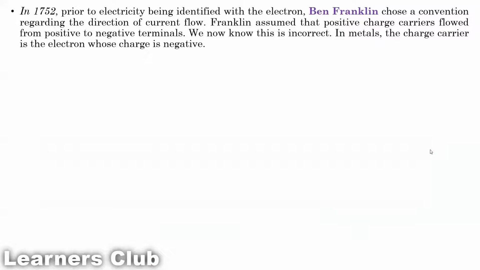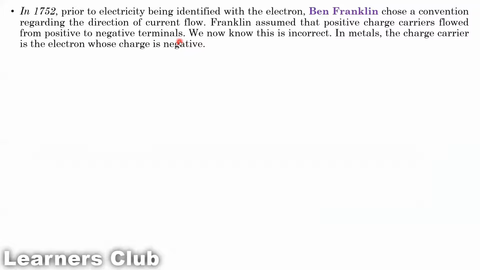In 1752, prior to electricity being identified with the electron, Ben Franklin chose a convention regarding the direction of current flow. Franklin assumed that positive charge carriers flowed from positive to negative terminals.